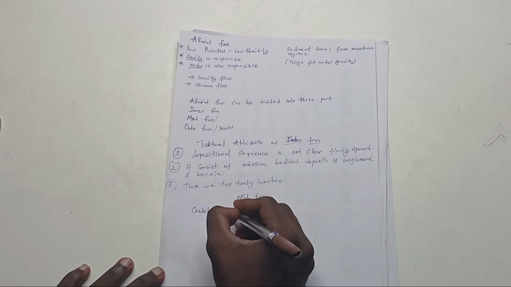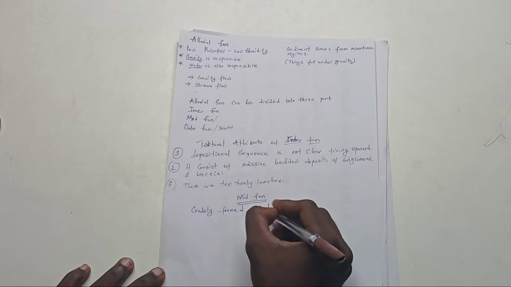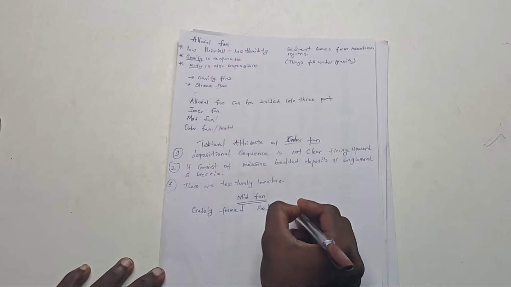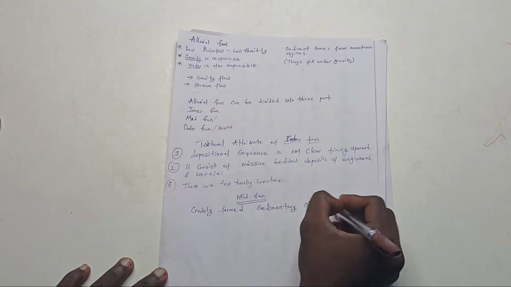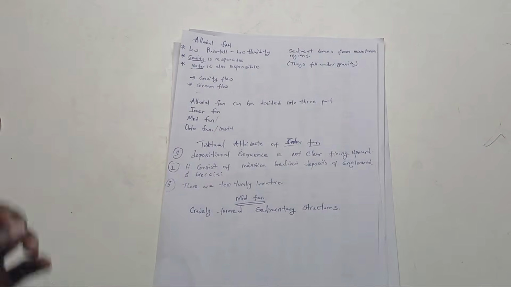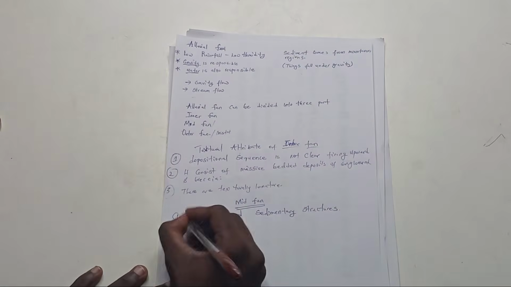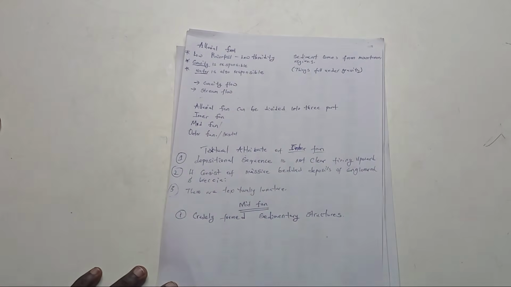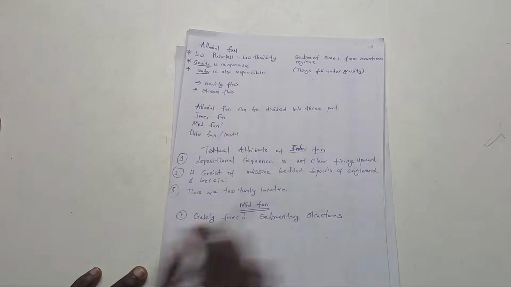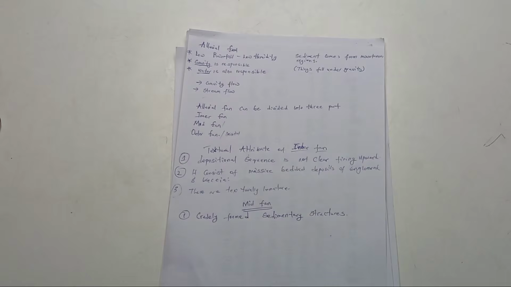Crudely formed sedimentary structures. So they are not well formed. In the inner fan, there's not even any sedimentary structure at all. So in the mid fan, we have crudely formed sedimentary structures, and the grain sizes have started to introduce some medium grains into it. Some medium grains, but it's still more of coarse grains.